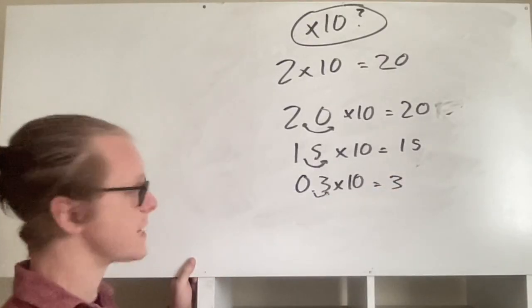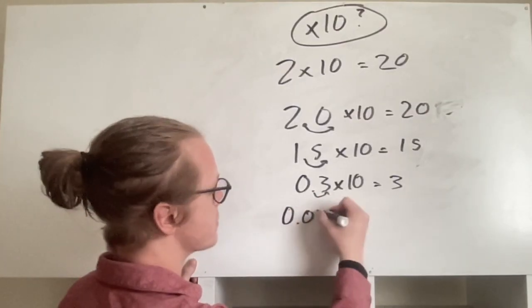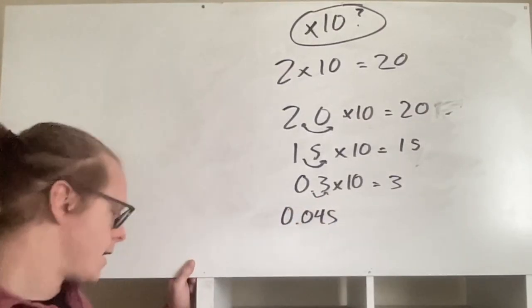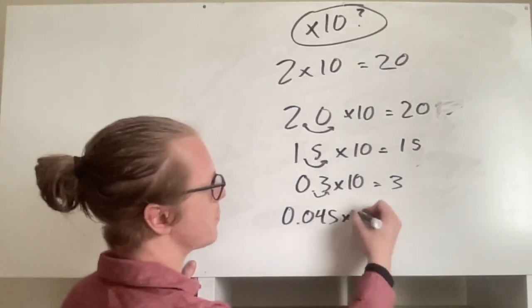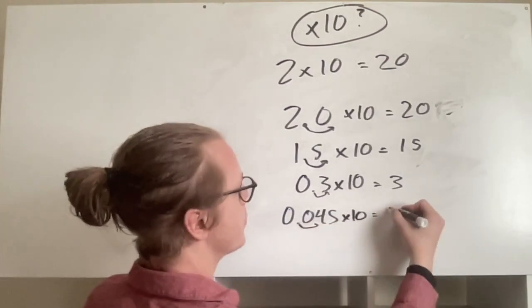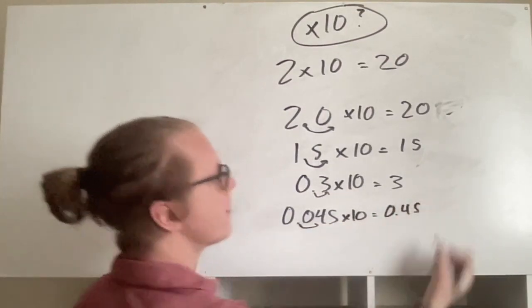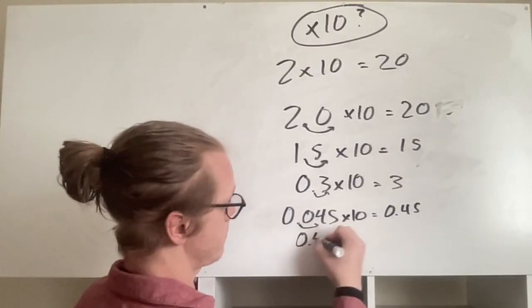And then the final example that we're going to look at here would be 45 thousandths, okay? Well, what happens if I multiply by 10? I move it 1 spot over, so it becomes now 45 hundredths. What if I multiply it by 1,000?